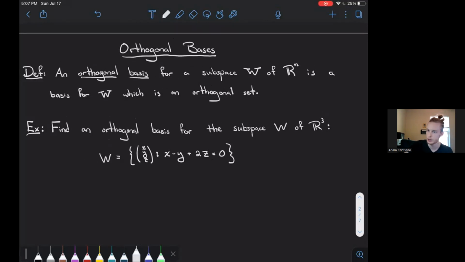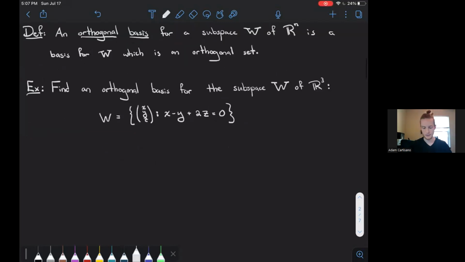In other words, a basis is just a linearly independent spanning set. Now we want an orthogonal spanning set. But orthogonal implies linearly independent, right? So, okay.